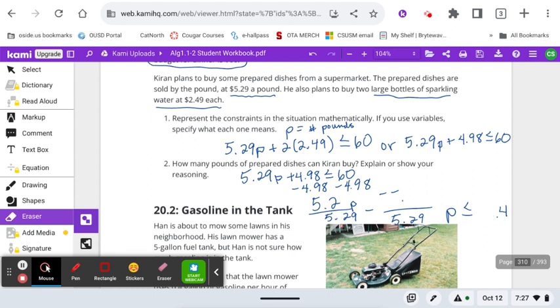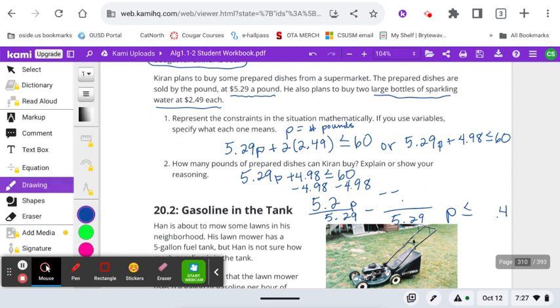I mean, you're not going to always go grab a scoop of something and it's going to be exactly a pound. So 10.4. How many pounds of prepared dishes can he buy? Explain, show the reasoning: 10.4 or less pounds of prepared dishes.